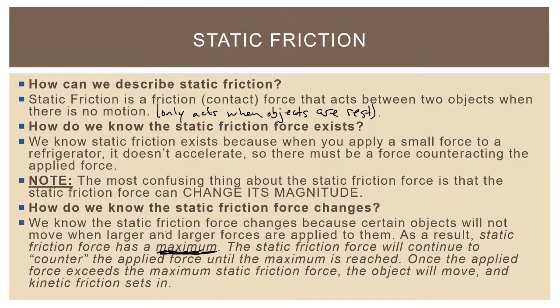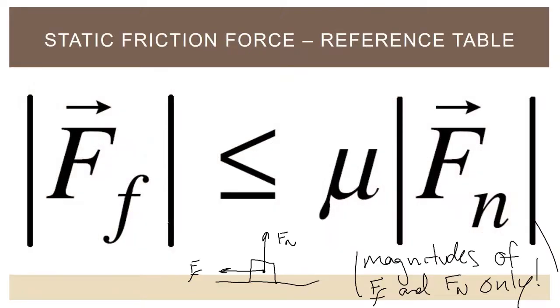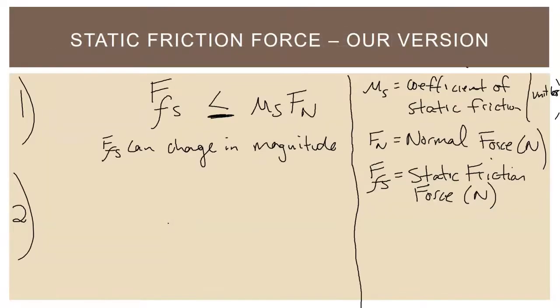And notice, we can actually tell it has a maximum from this equation and our version of the equation. We can tell it has a maximum because it says the static friction force is always going to be less than or equal to the coefficient times the normal force. And so the next equation we're going to write is F with the subscripts F, S, and then we're going to write max.